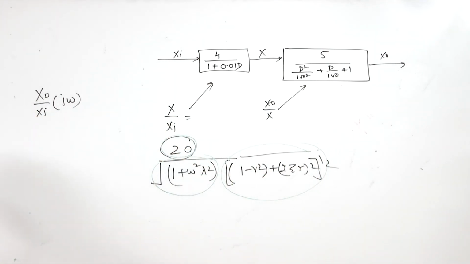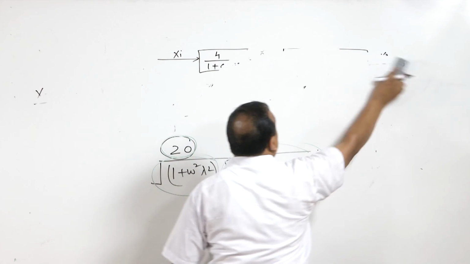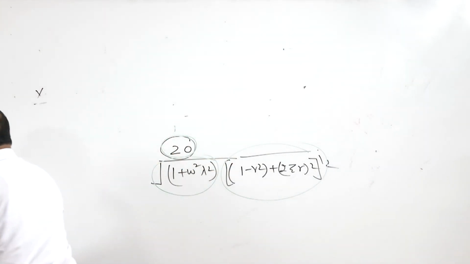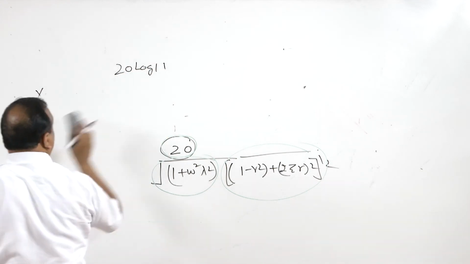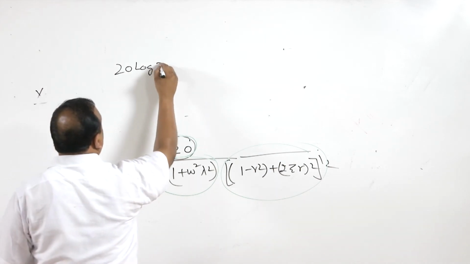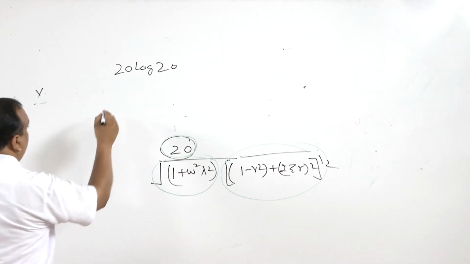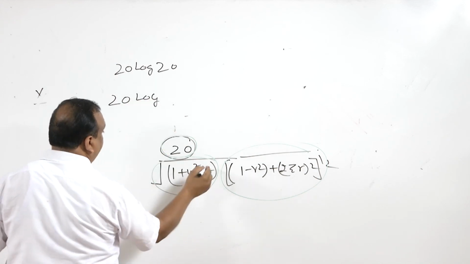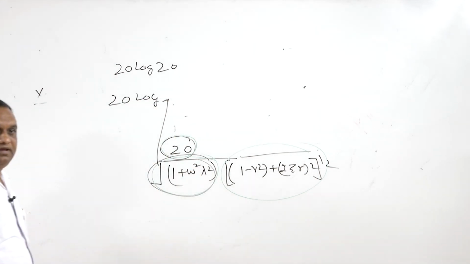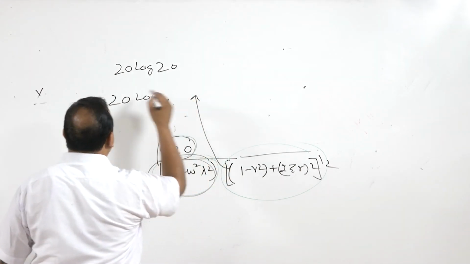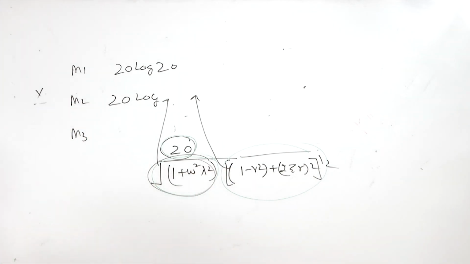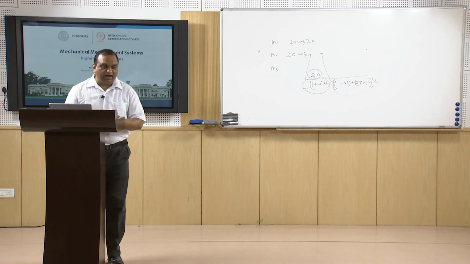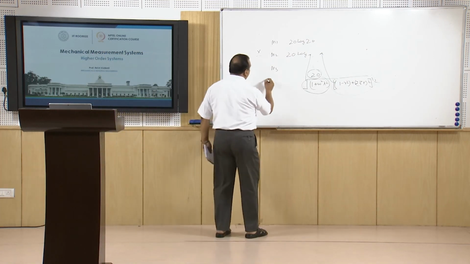So for the purpose of the bode plot, we will write 20 log m1, this 20, 20 log of this, and then 20 log for this. So they are going to be m1, m2, m3. All the values are with us, and using these values we can find the value of the final magnitude m.